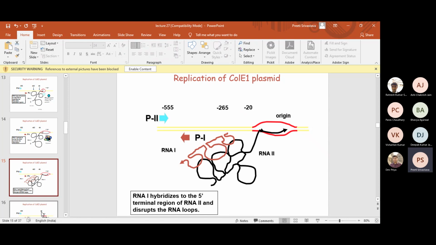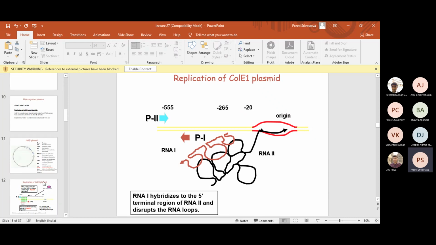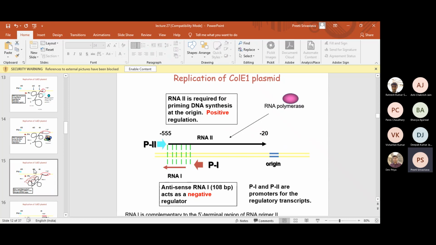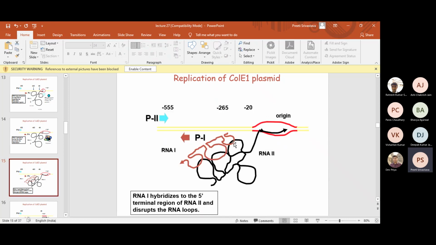So RNA1 is an antisense RNA which can pair with the loops of RNA2, and it pairs with the 5' end. If you see from this figure, this is the 5' end and this is the 3' end. The pairing happens at the 5' end, mostly at the loop region.